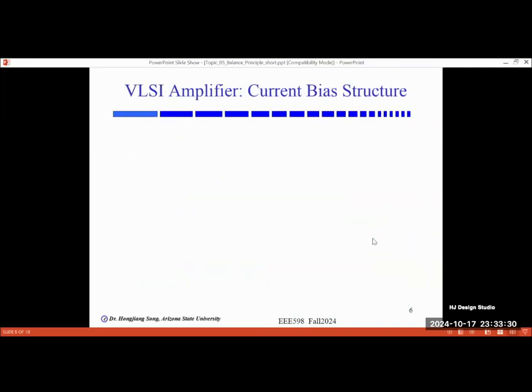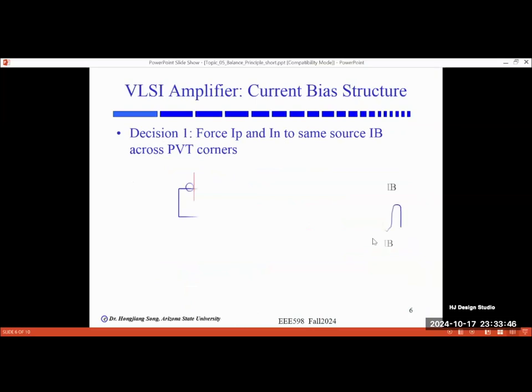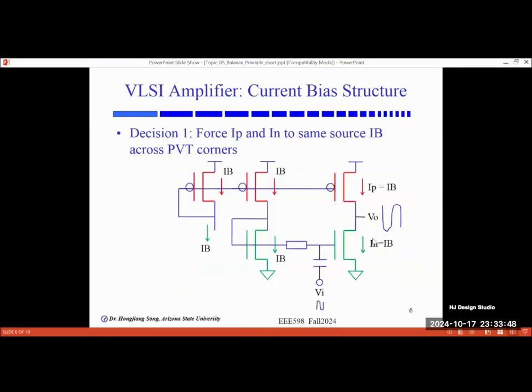So now let's look into how in the circuit we achieve the three critical thoughts. In the first thought, we're going to use a way to force the correlation between current in PMOS, NMOS, and a reference current from external across PVT corner. Here's a circuitry to implement this.